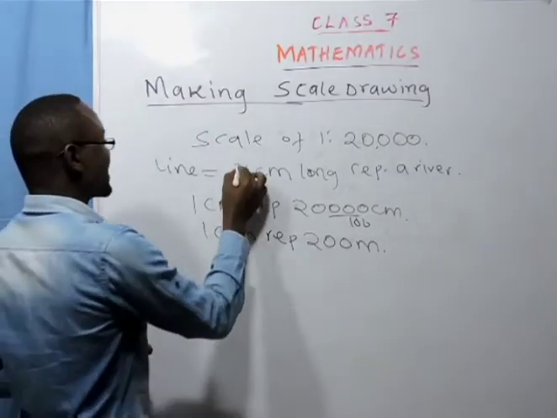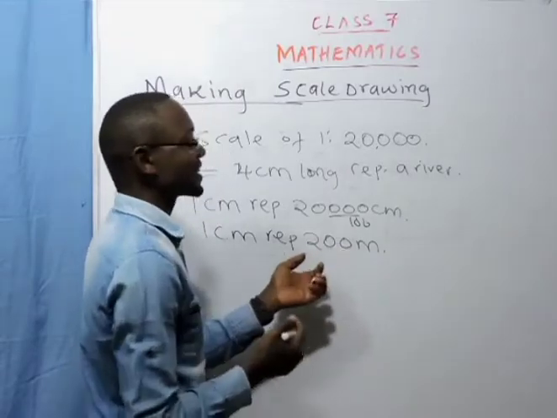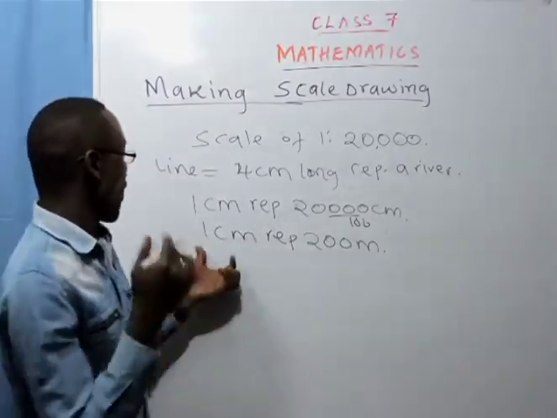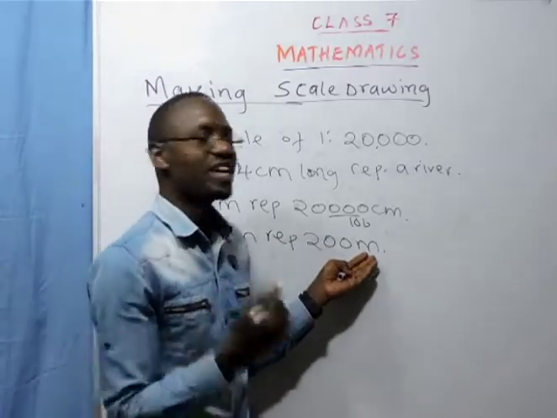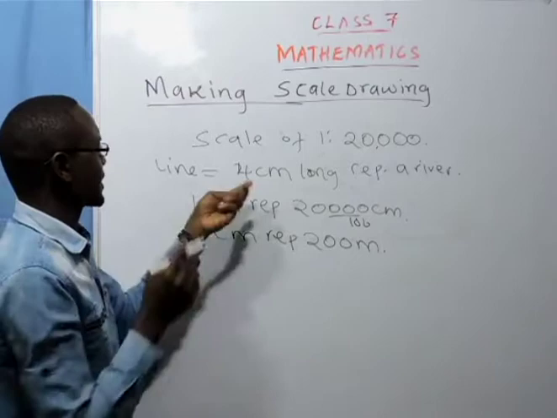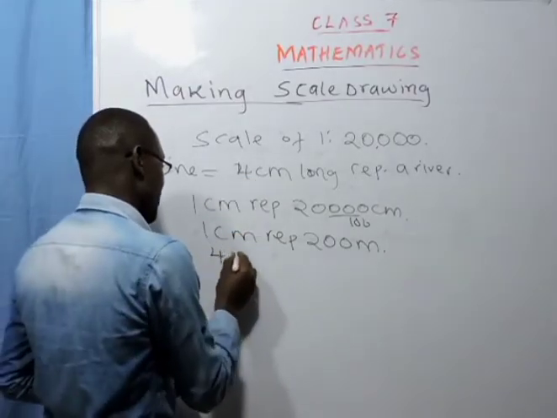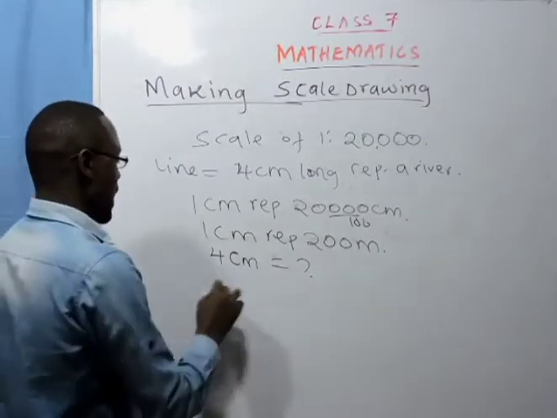So 1 centimeter on the map represents 200 meters on the ground, that's now the interpretation of the scale. So, if 1 centimeter represents 200 meters, what about 4 centimeters on the map, how many meters will they represent? What are we going to do? We cross multiply.